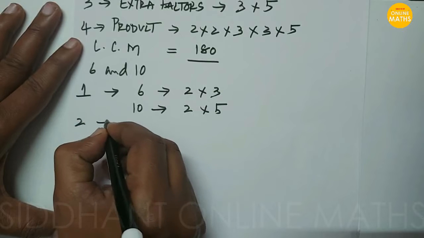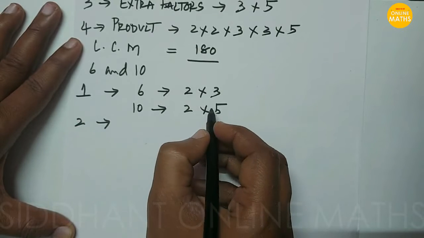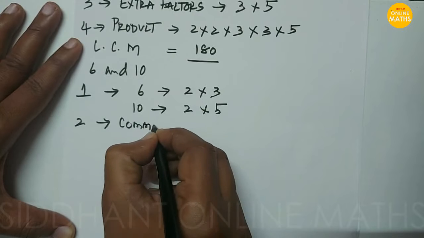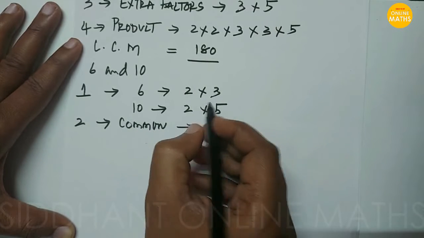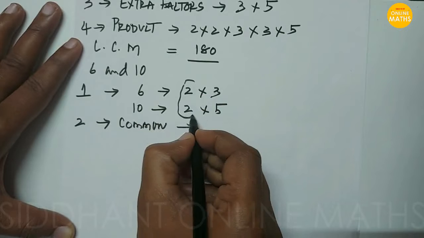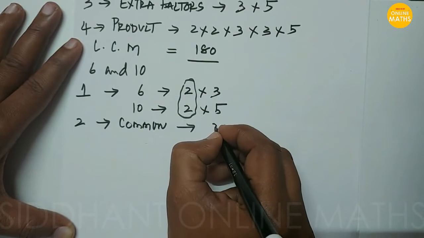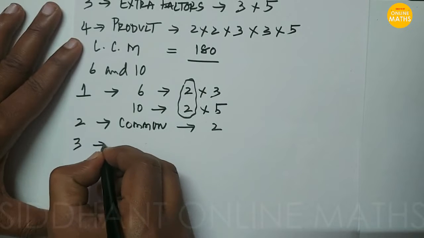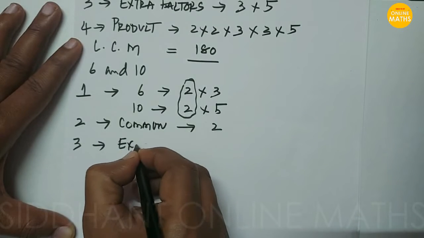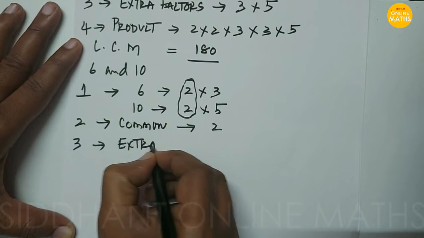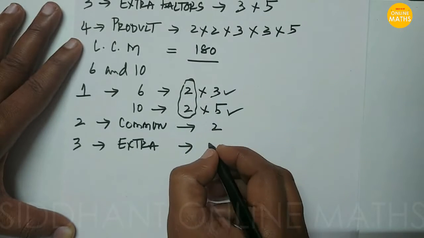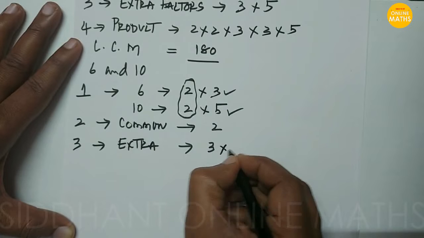Next, in the second step, we find the common factors. What are the common factors here? Only the number 2 is there, so 2 is the one common factor. In the third step, the extra factors: one is 3 and another is 5, so we write 3 into 5.